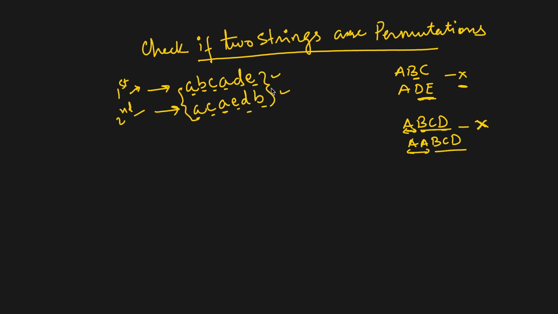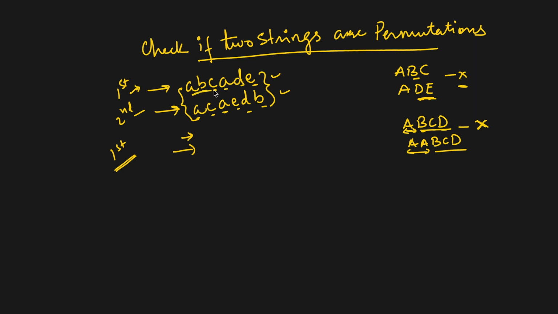Okay, so now we know what a string permutation is. Now let's discuss how we can solve it. The first approach is to sort the strings in ascending order based on the characters.